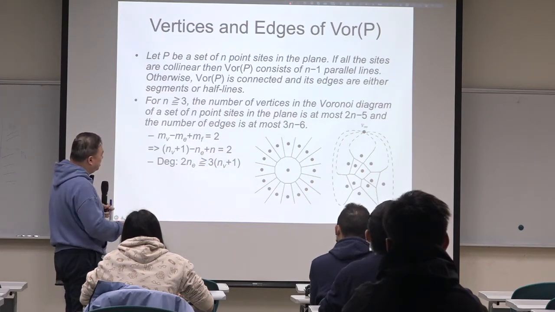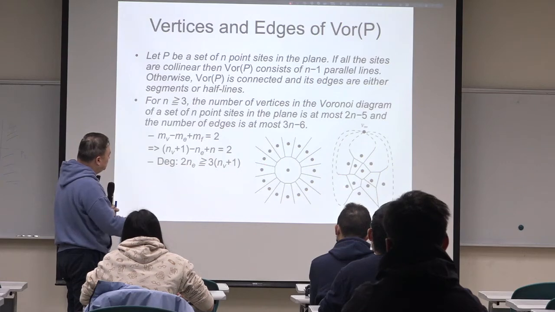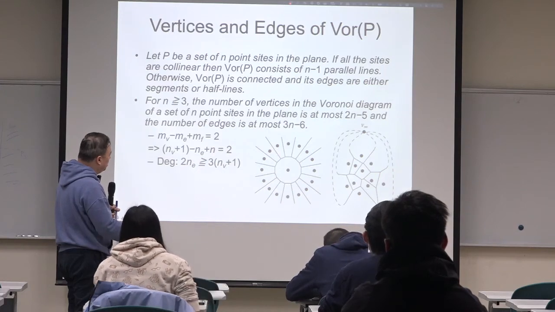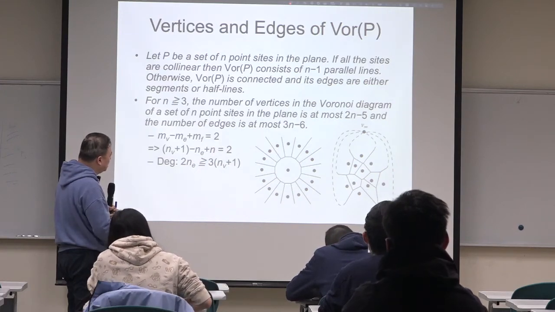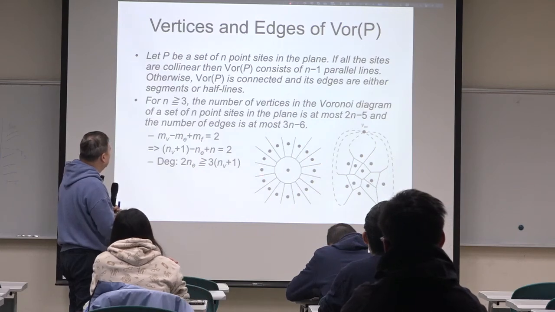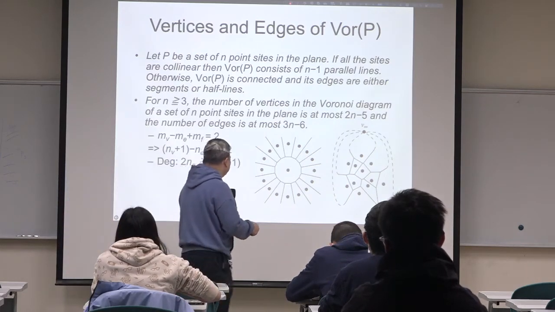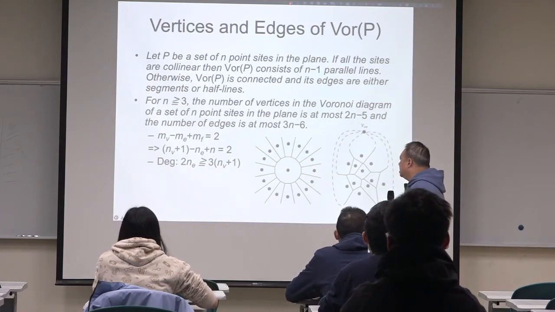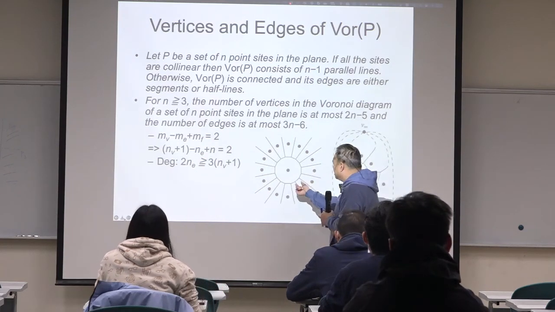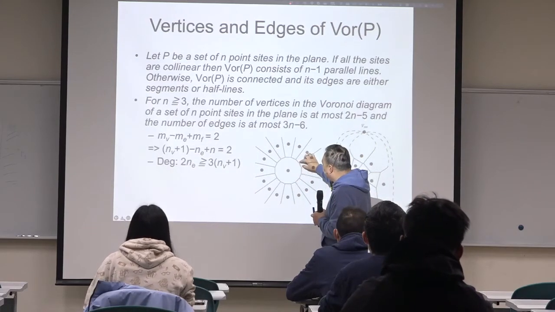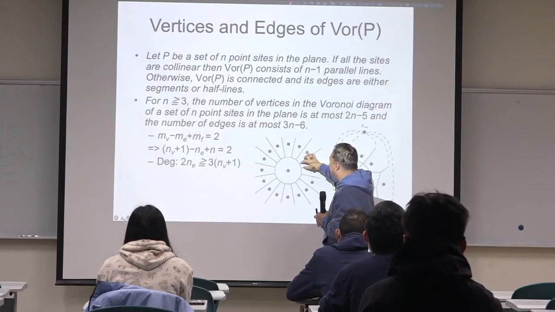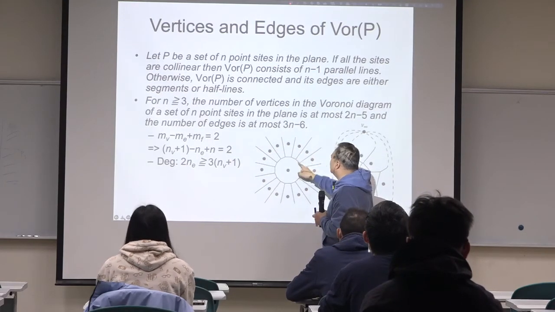So here we can see one very special case, where all the other sites are surrounding this site. And the Voronoi diagram will look something like this. So you can see that, for example, these are the edges that are segments, and we have other edges like this.